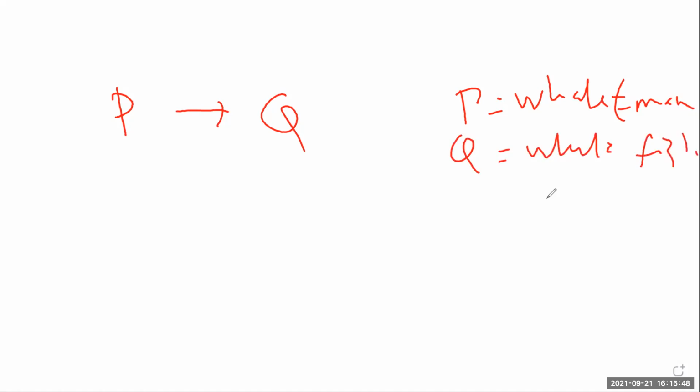Okay, but you remember this premise is true, right? The conclusion is false. So if P is true and the conclusion is false, the argument is true or false? False. Yes. Now you got it?